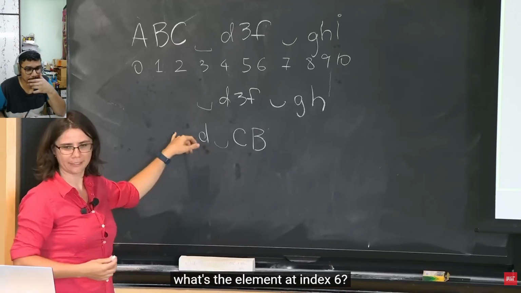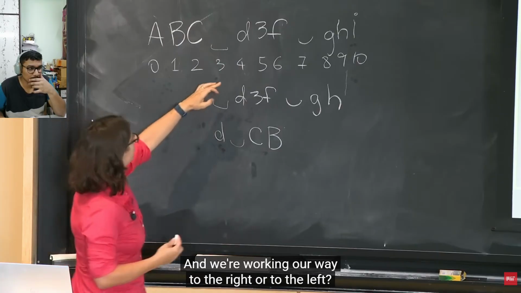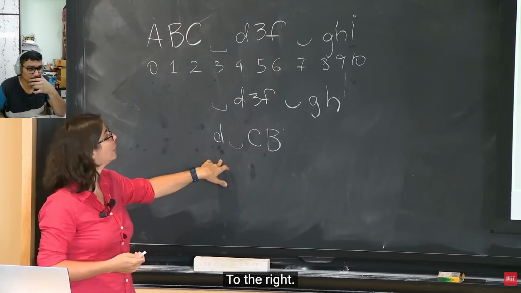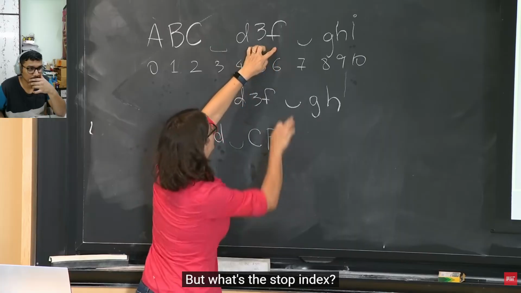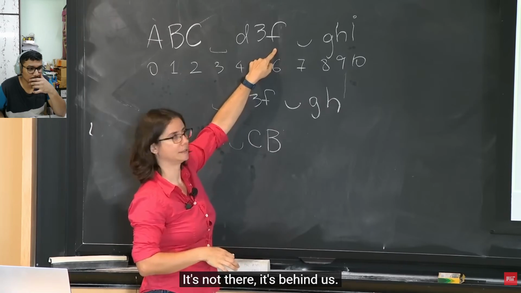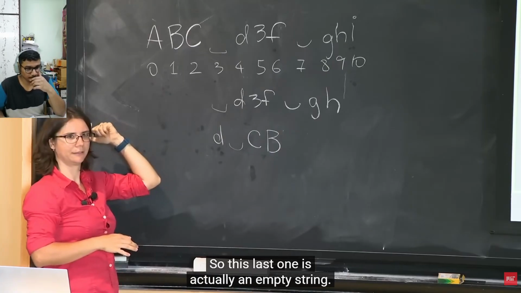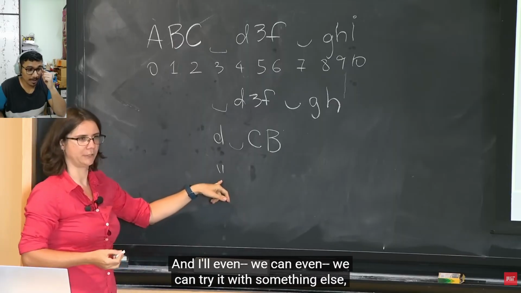All right, so S6:3, what's the element at index 6? The F. Okay, great. And we're working our way to the right or to the left? To the right. So we're going to start here, but we need to go this way. But what's the stop index? Yeah, it's not there. It's behind it. So this last one is actually an empty string.